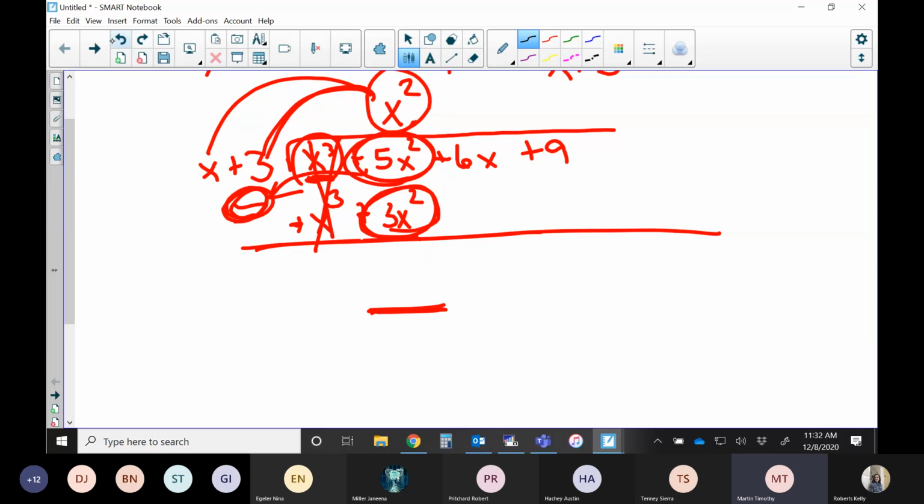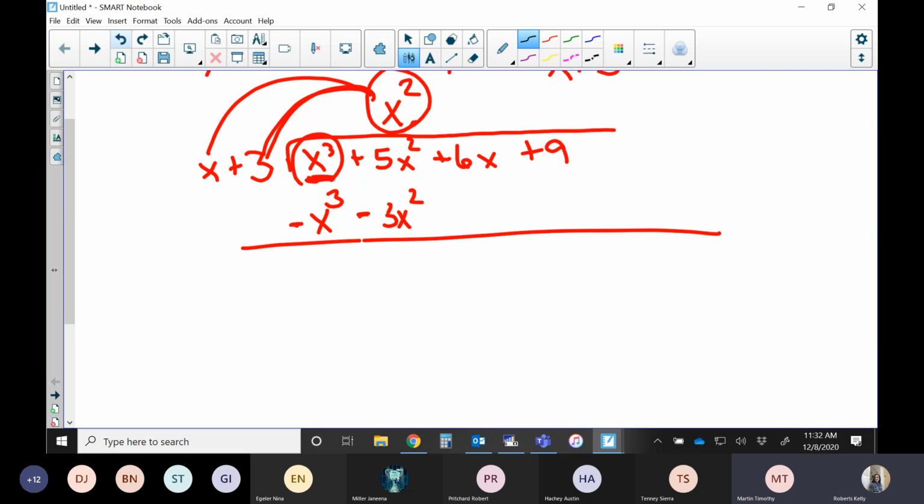Yeah. So what I do, how did I tell you I combat that? Distributing the subtraction sign before I do it. So then I go, hey, x to the third and x to the third, these guys cancel out. A positive 5x squared and a negative 3x squared make a 2x squared.